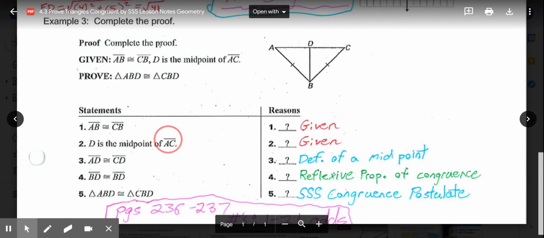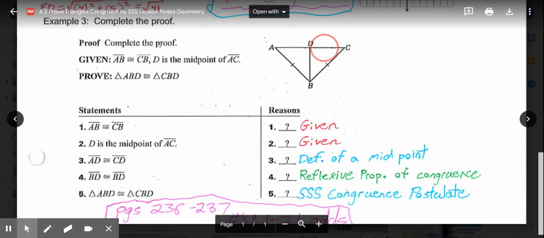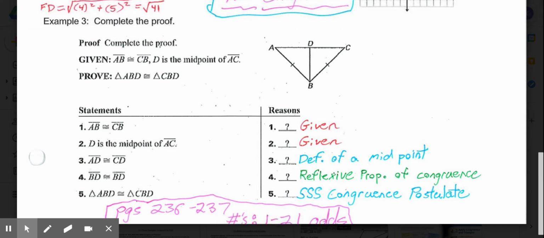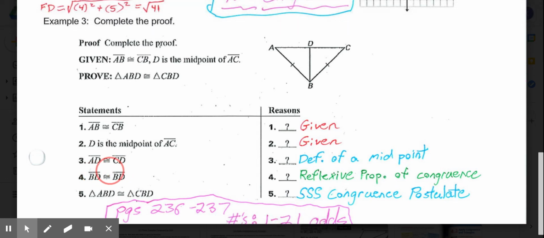If D is the midpoint of AC, that means AD is the same distance as DC, or those two segments are congruent by the definition of a midpoint. Then they told us that segment BD is congruent to itself. Anything equal or congruent to itself is the reflexive property.